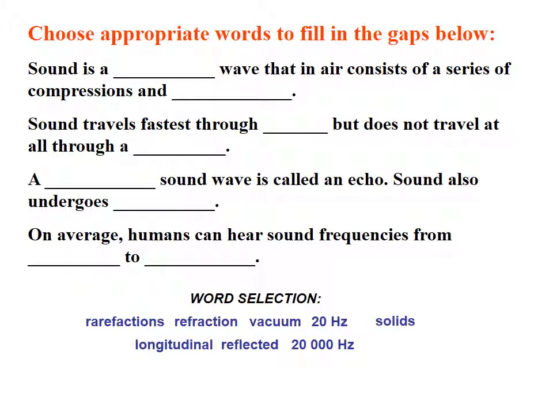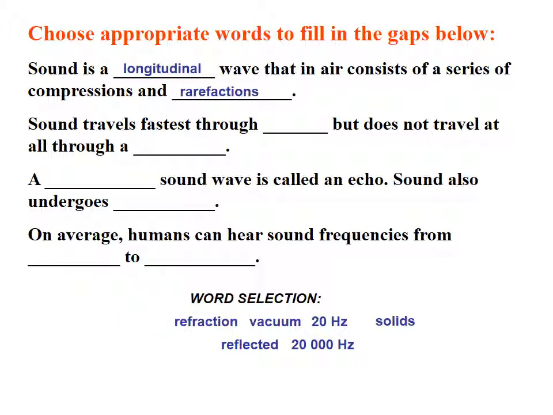Just like we usually do to finish off, choose the appropriate words to fill the gaps below. Pause the video now and see if you can fill those answers in. Sound is a longitudinal wave that in air consists of a series of compressions and rarefactions.